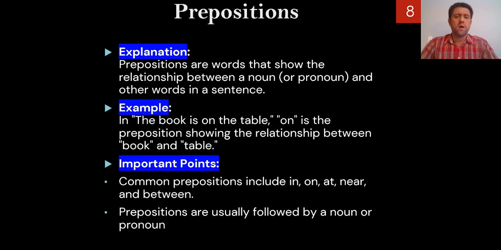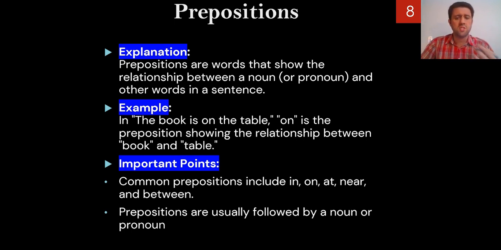The next one is prepositions. Prepositions are words that show the relationship between a noun or pronoun and other words in a sentence. As an example, in the sentence "the book is on the table," on is the preposition showing the relationship between book and table.